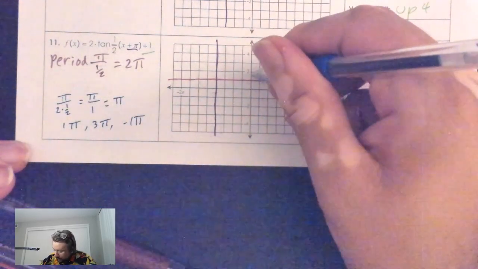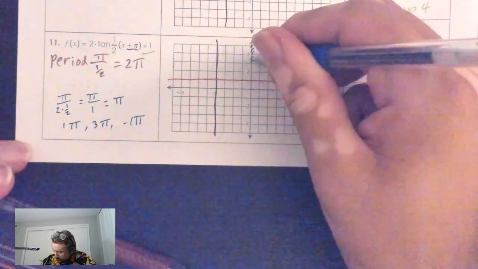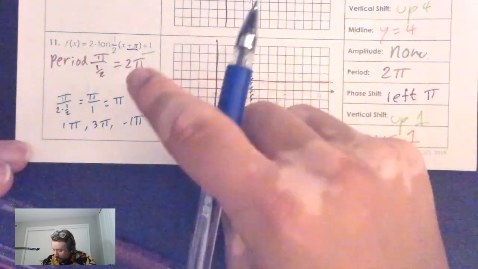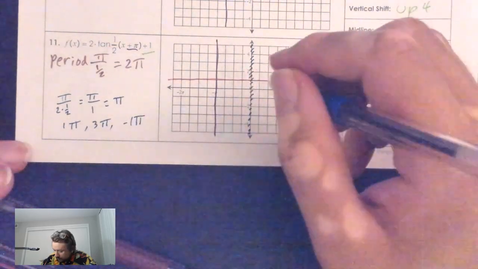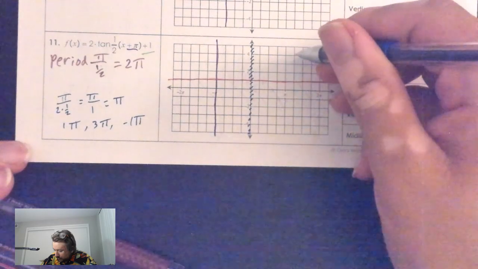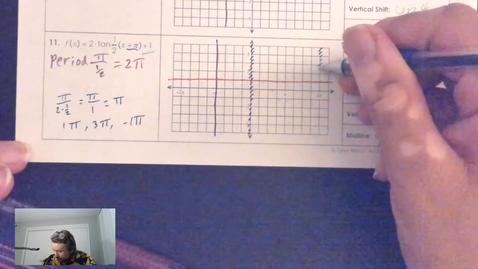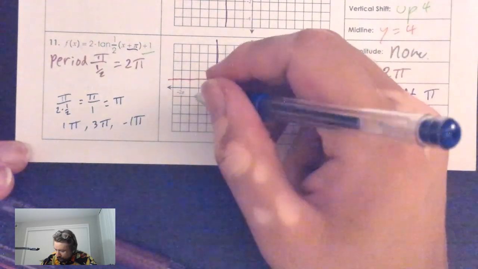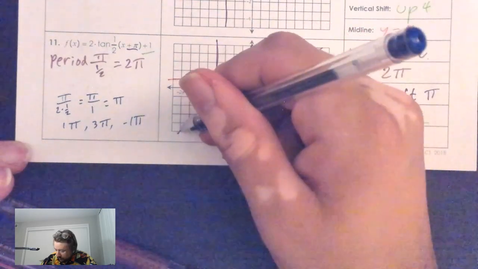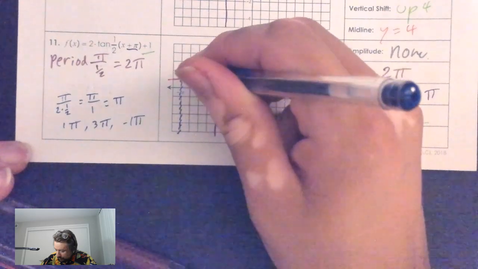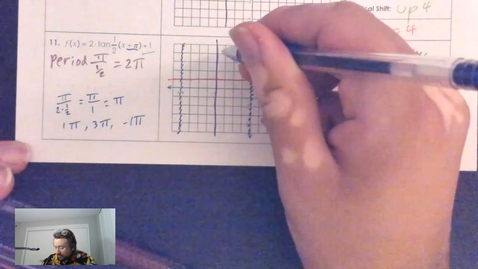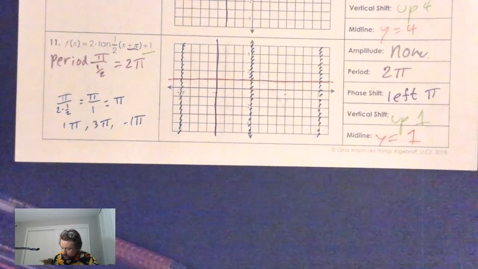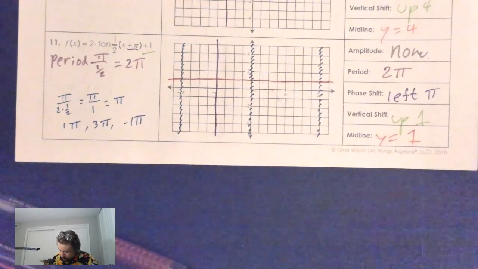So 1 pi away from here would be here. 1 pi away from, or 3 pi away would be right here. And negative 1 pi would have been here. Remember, I'm just really counting blocks of 4 as pi.